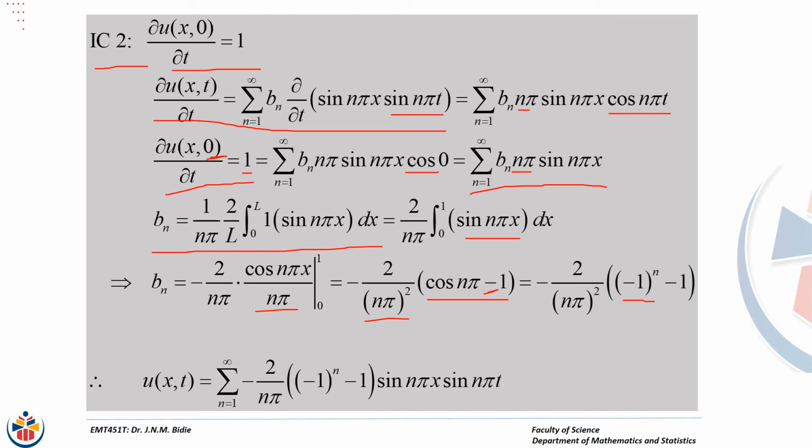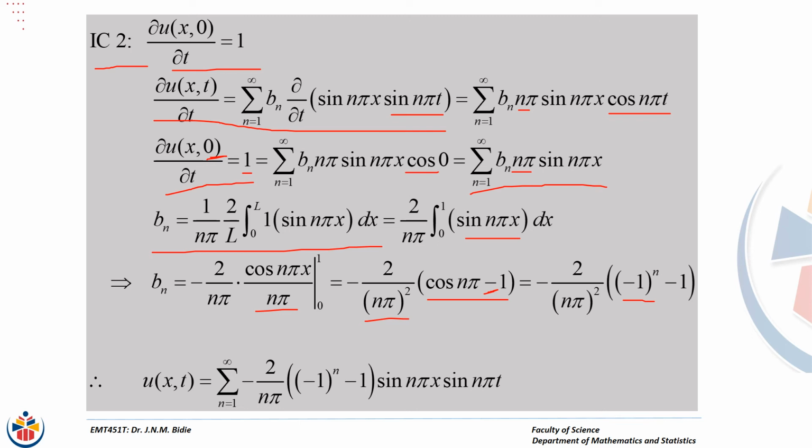When n is 1, you get -1. Cos of pi is also -1. When n is 2, you'll get cos 2 pi. Cos 2 pi is 1. Even on this side, -1 all to the power 2 is 1. So cos n pi and -1 all to the power n are exactly the same thing.